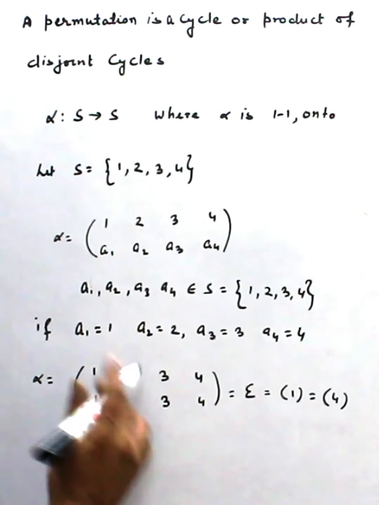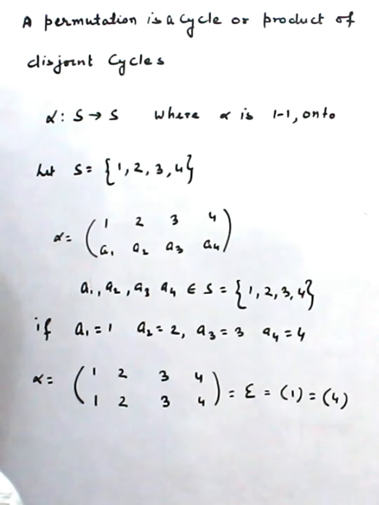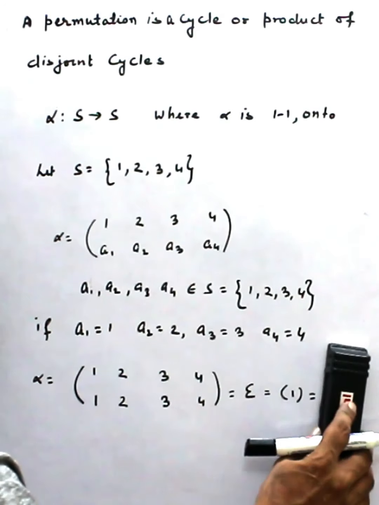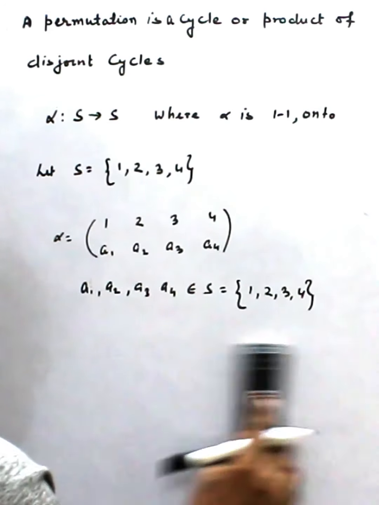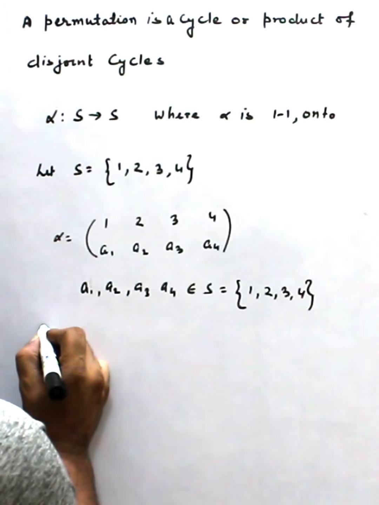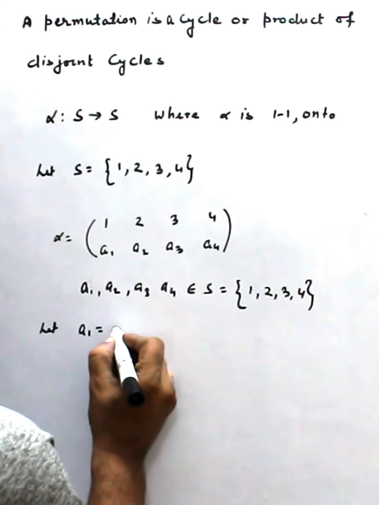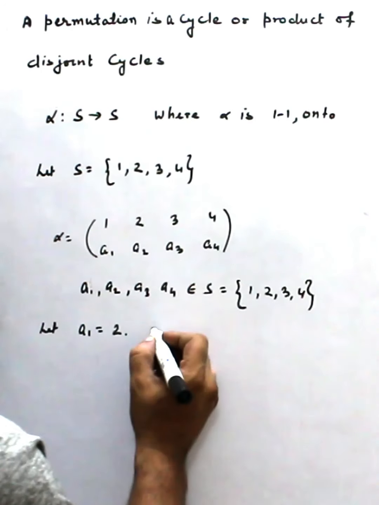So we leave this case where A1 is 1 and discuss another case. The identity case we leave. Let A1 be equal to 2.